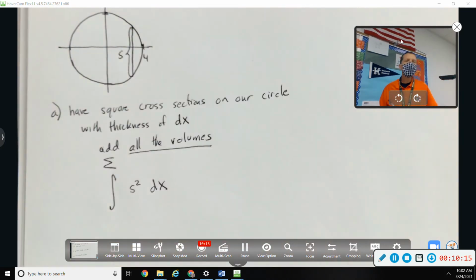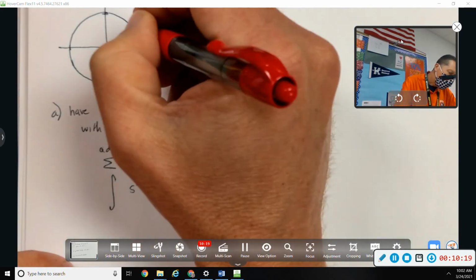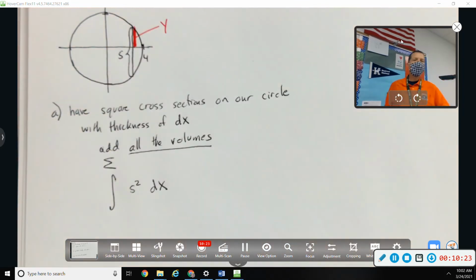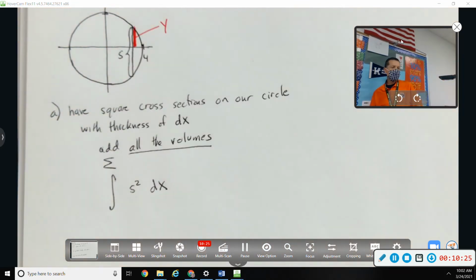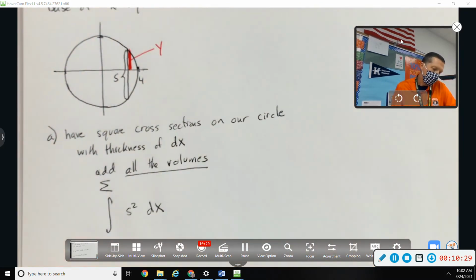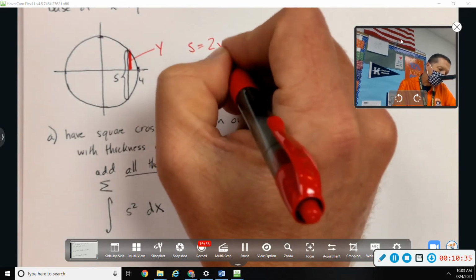There's S. That height is Y. So, let's see. It looks like S is equal to 2Y.